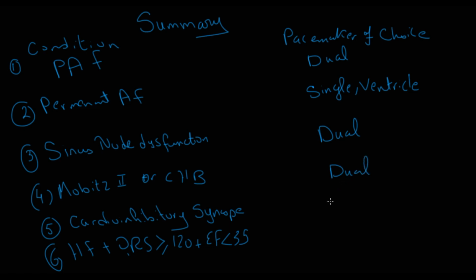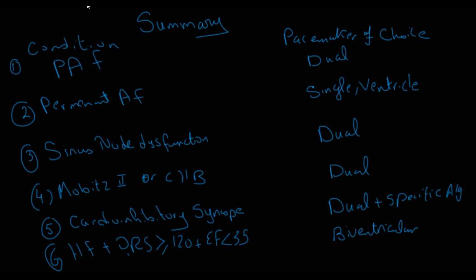And cardioinhibitory syncope, you use a dual chamber pacemaker plus a specific algorithm. And heart failure, with signs and symptoms, an increased QRS duration of more than 120 and ejection fraction less than 35, is a biventricular pacemaker. That has basically concluded today's session.